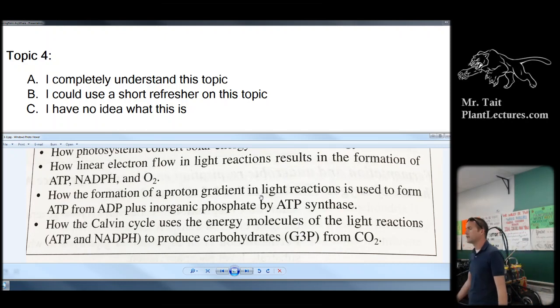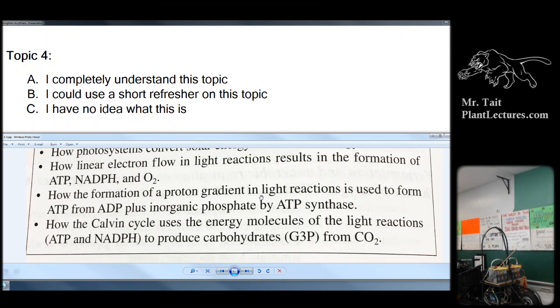What did we call linear electron flow in our class? We didn't call it linear electron flow. What's that? Non-cyclic flow. Yeah. So you've got two types: cyclic electron flow like this, and then non-cyclic like this. So this is the linear type, right?